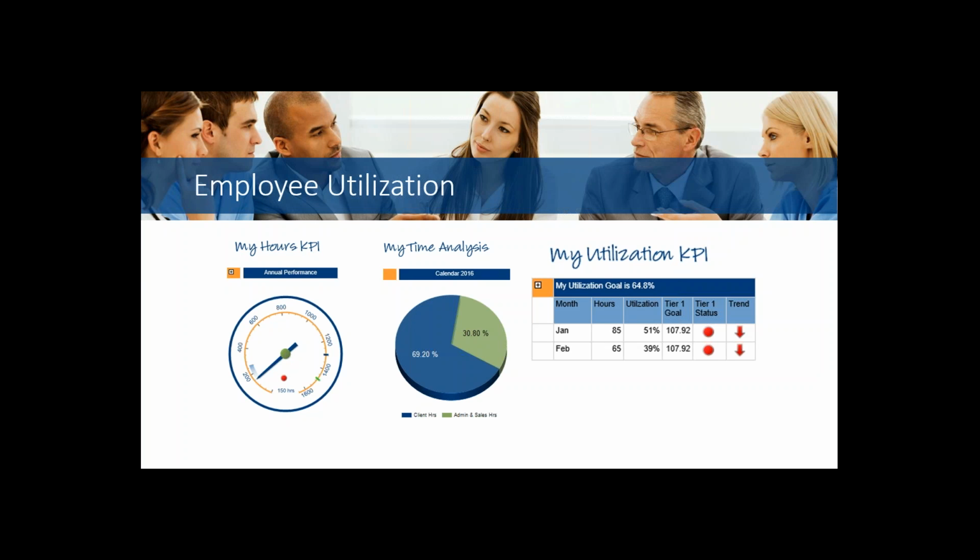The second one is a pie chart that just breaks down their client billable time versus their administrative time to help them visually see what their breakdown of hours is.